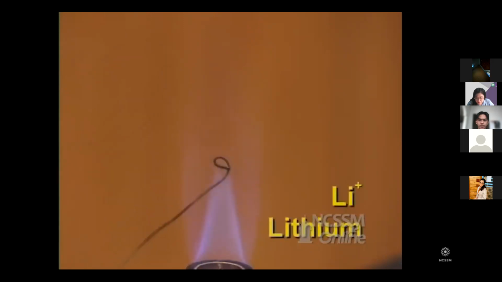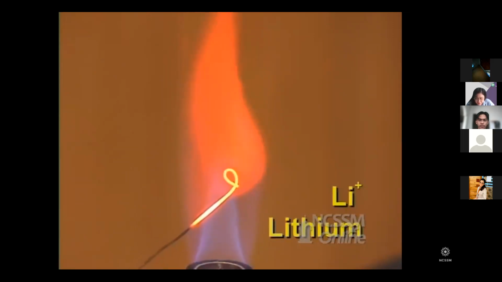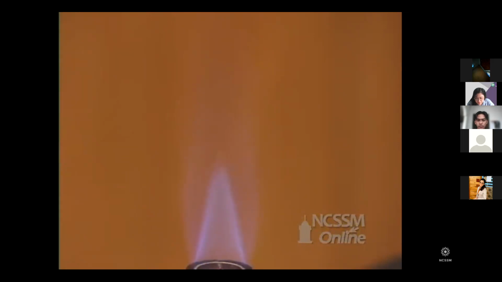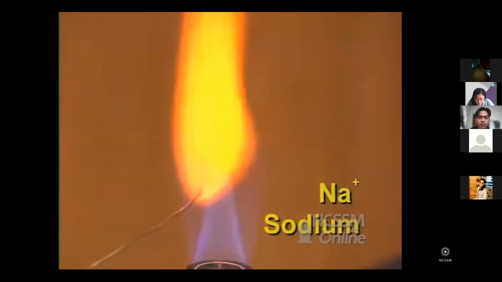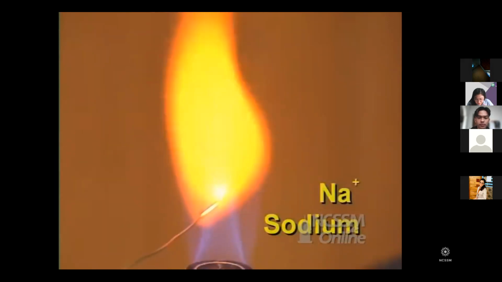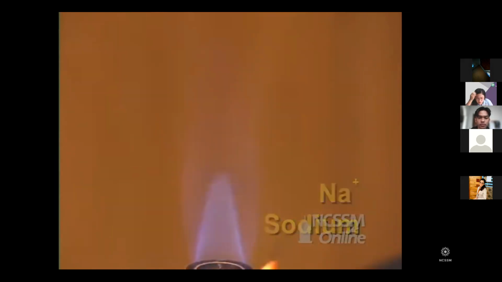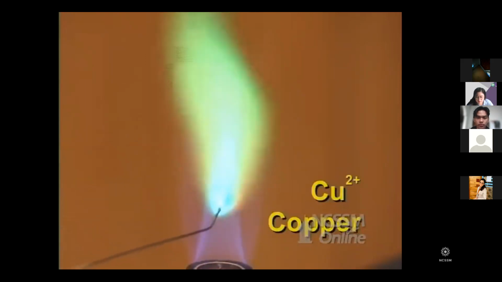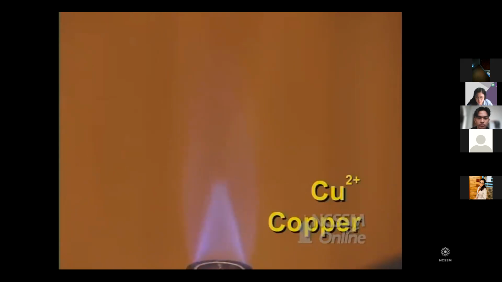This is lithium. Sodium is a bright yellow. And then the last one is copper, and this is the most vivid of all of them. Nice green.